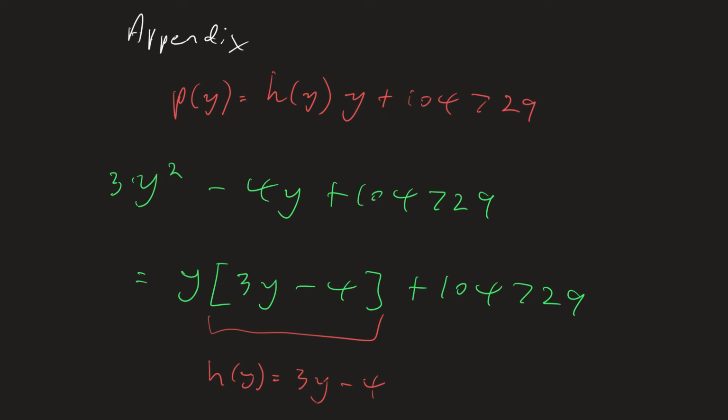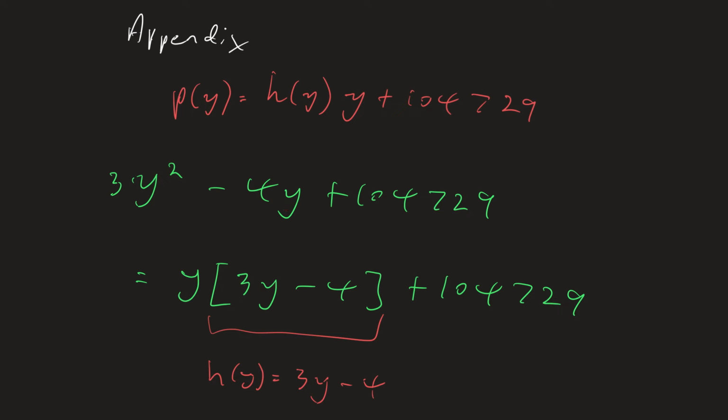So in the problem, P of y has to be equal to something times y to the power of some high power plus something to another coefficient times y, etc., plus my constant term here. And the key point is that we just leave the constant term on its own, and every other term contains either y or y squared or y cubed or y to some power, and I can just factor y out of that. So in this simple example, if I have 3y squared minus 4y, every term contains at least a y, often y to some higher power.